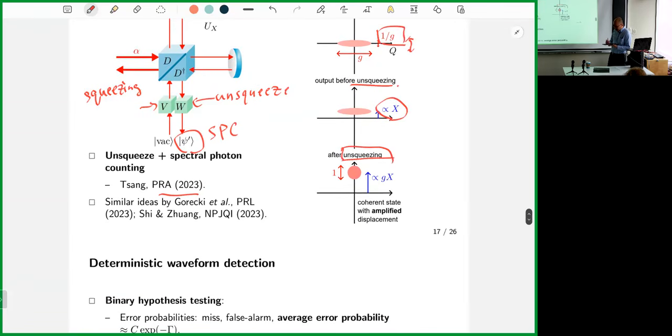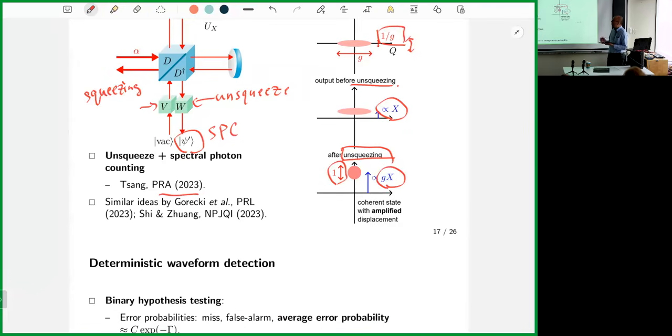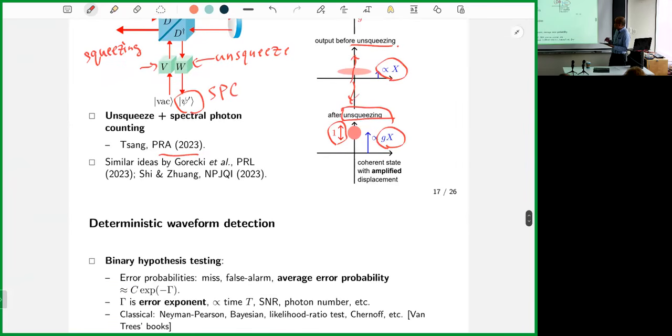Now, what the unsqueezing does is not only to restore the squeezed quadrature to the coherent state value, but the unsqueezing also amplifies the signal. It's just stretching everything in this direction, so the unsqueezing actually amplifies the signal.